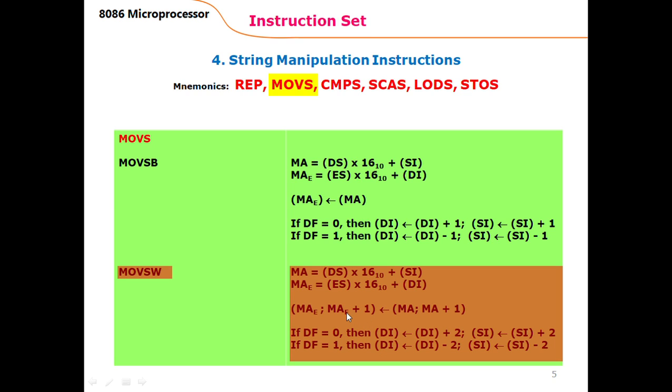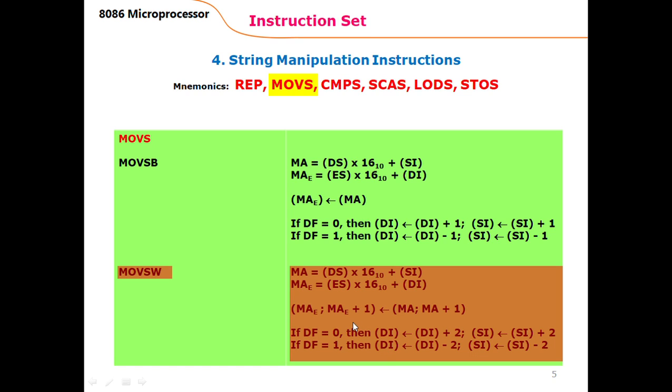And after this transfer, depending on the direction flag, if it is 0, then that would mean that the auto increment mode has been set, and the destination index and the source index registers are incremented.